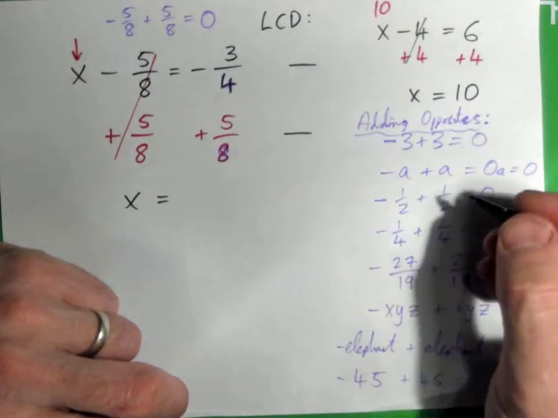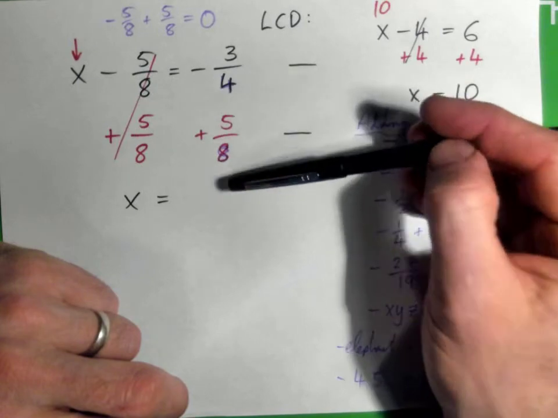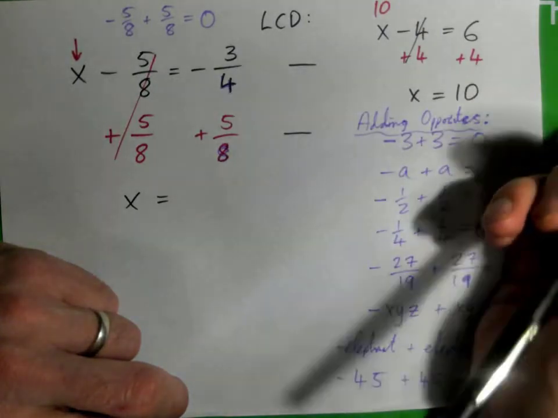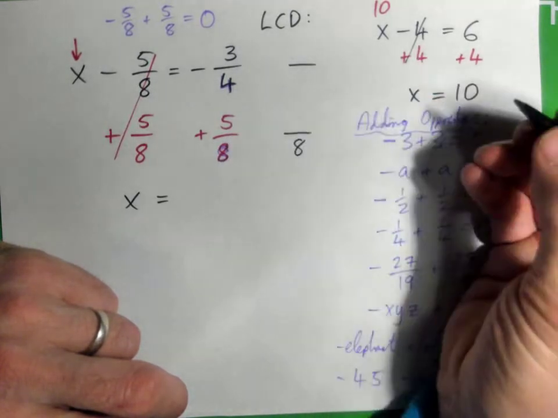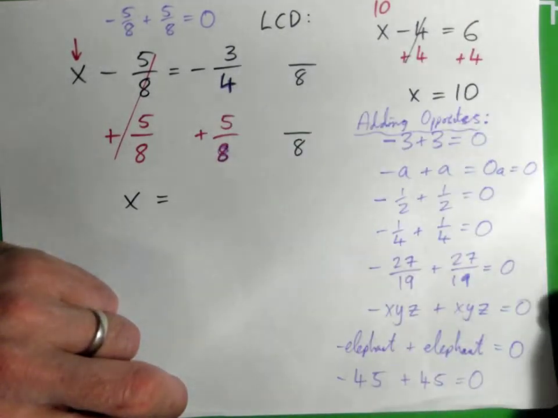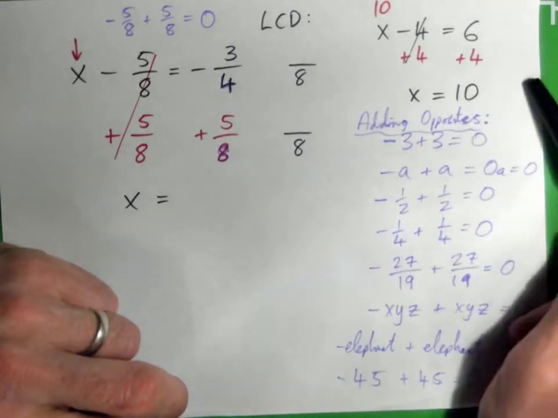Right. So what's the lowest common denominator for 4 and 8? Yeah, 16. But it's also 8, because 8 goes into 8 and 4 goes into 8, doesn't it? That make sense? Yeah, we could use 16 if you wanted to, or you could multiply them.